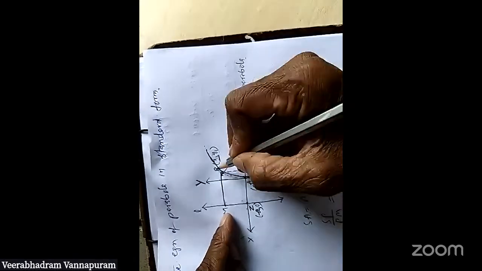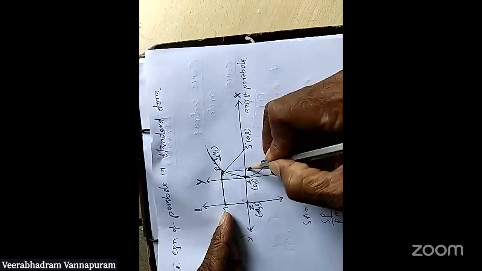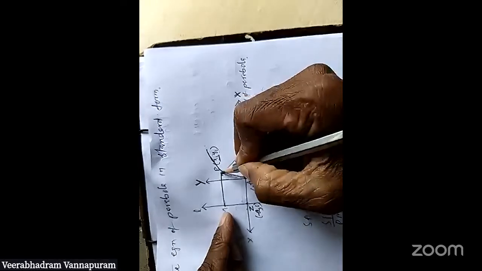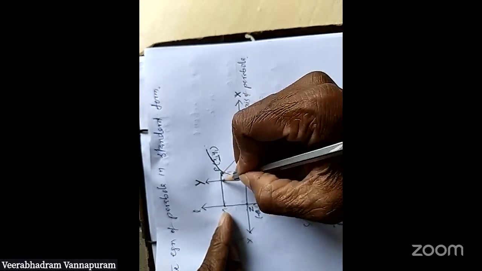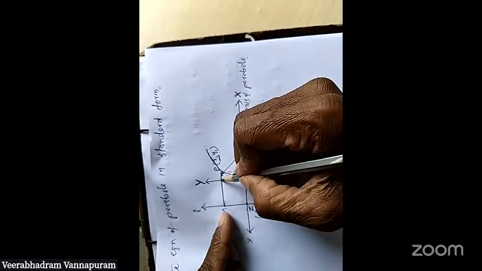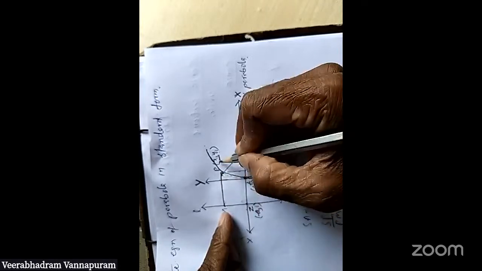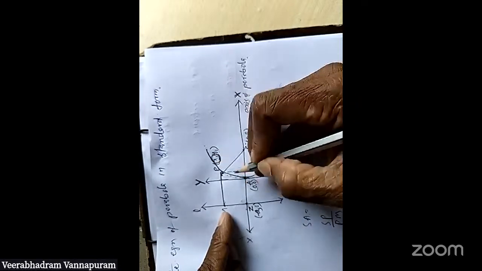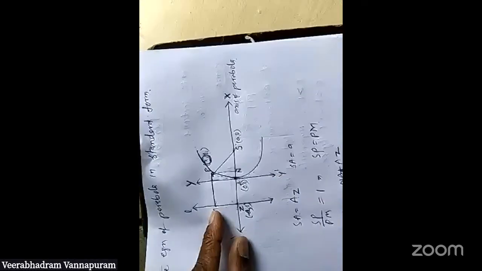Since N is the projection of P, N is at a distance from the y-axis equal to the x coordinate, that is x1. So NA equals x1.